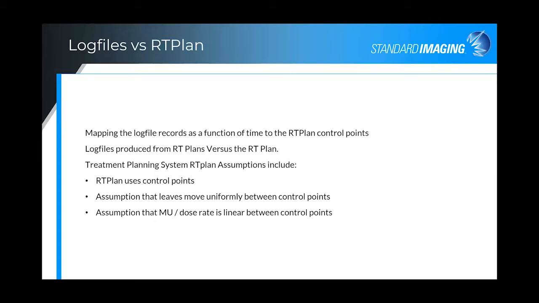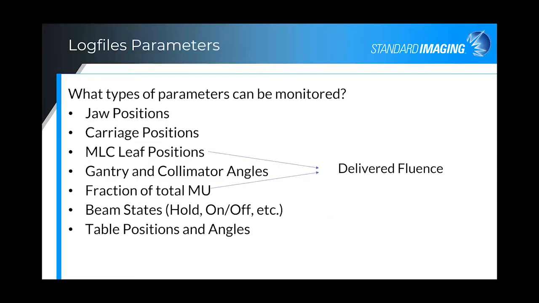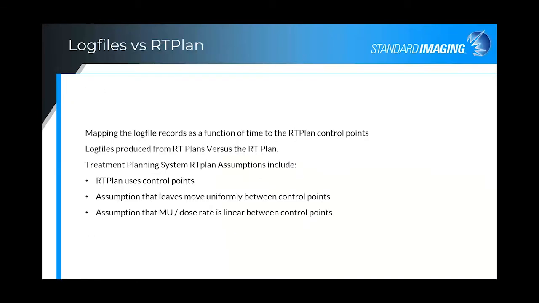For example, the Dynalog file does not have the fraction of control point within the log file, whereas the other version of the Varian log file actually specifies the fraction of control point delivered, so it's very easy to map.